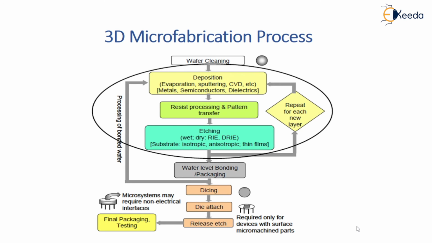Then CVD, that is the chemical vapor deposition process, is also applied with the help of metals, along with resist processing and the pattern. As in photolithography, we use resist processing and pattern, where first we have to do thin film deposition, then coating of resist, then UV exposure and removal of unwanted material.